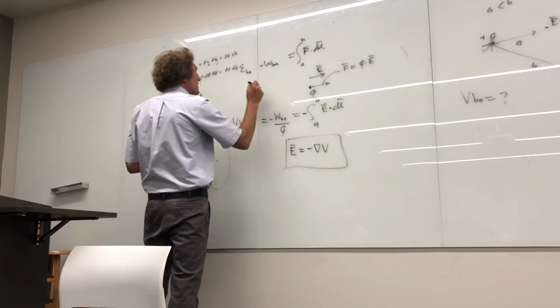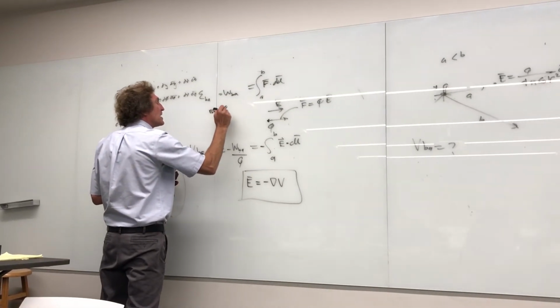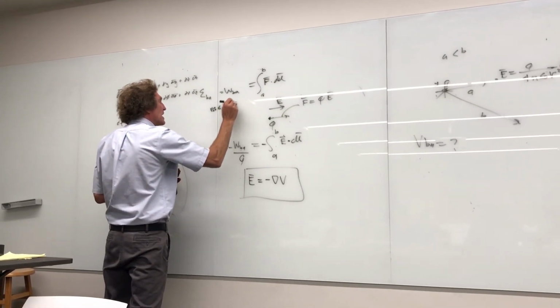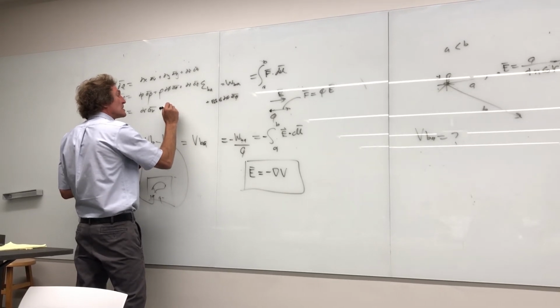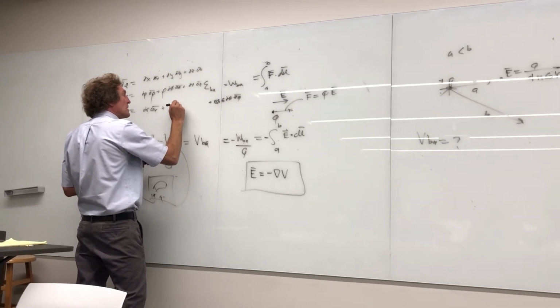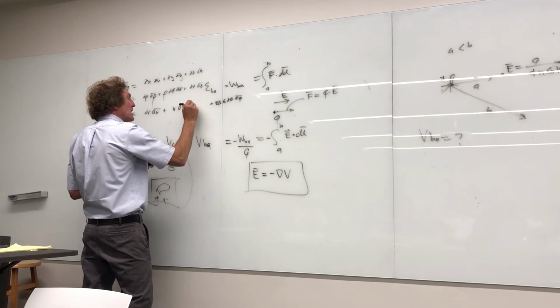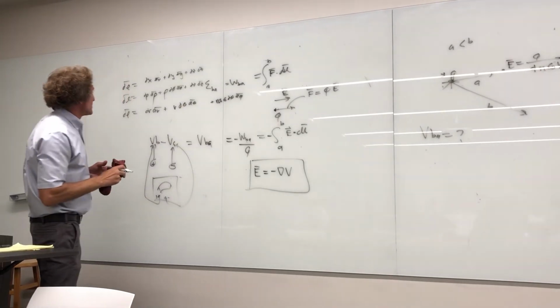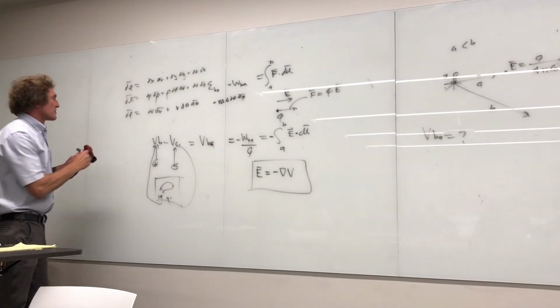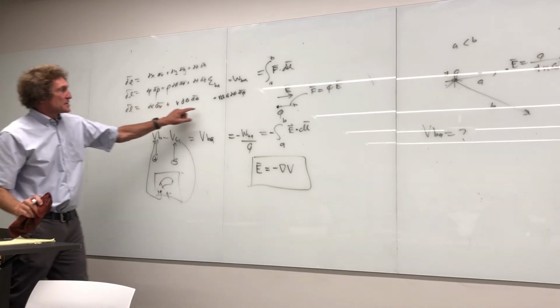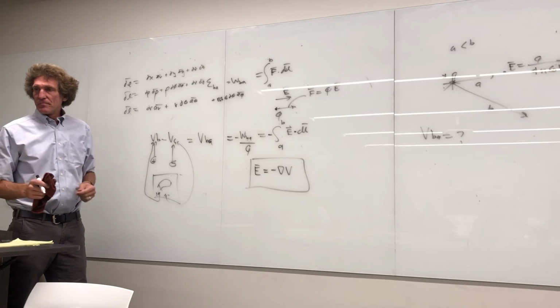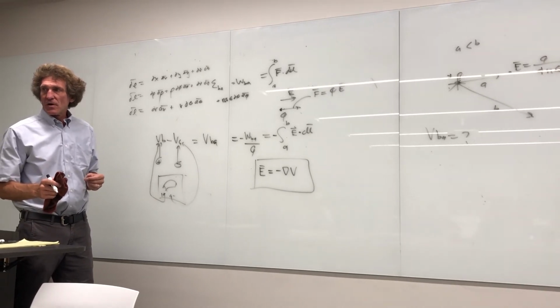This should be r sine theta d phi a phi as the last one, and this middle one is going to be r d theta a theta. That's the differential length in spherical coordinates. These are the edges of the cube, the differential volume.